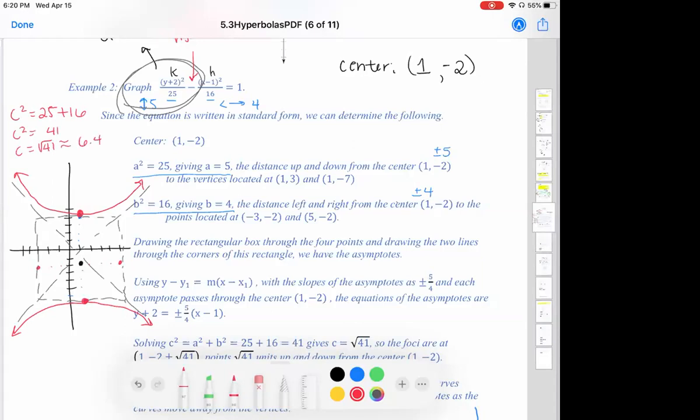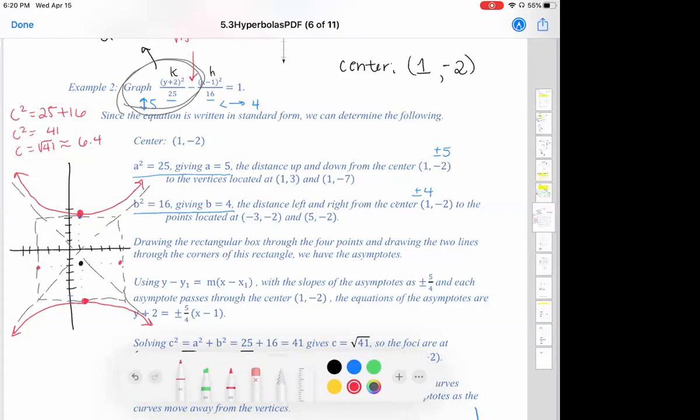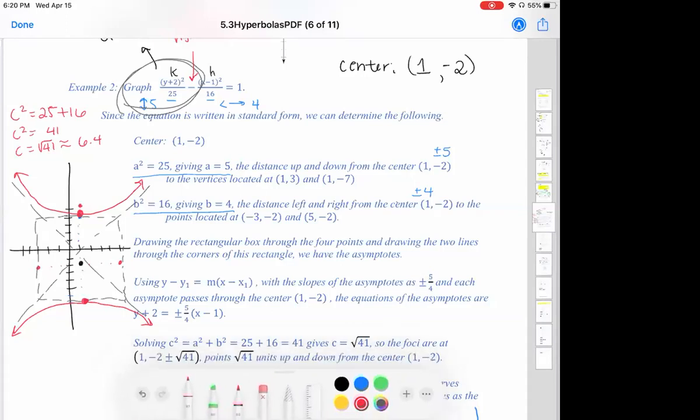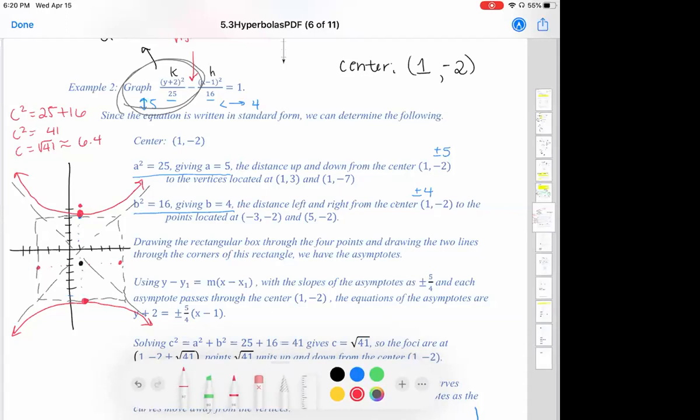So from the center, you're going to go 6.4 along the parabola. So I have 1, 2, 3, 4, 5, 6, and a bit more. 1, 2, 3, 4, 5, 6, and a bit more. And those are our focus points.